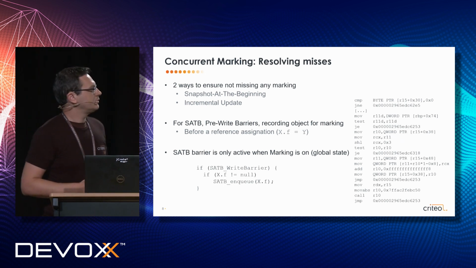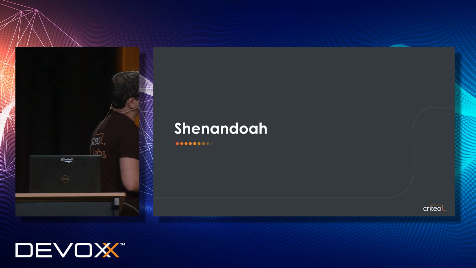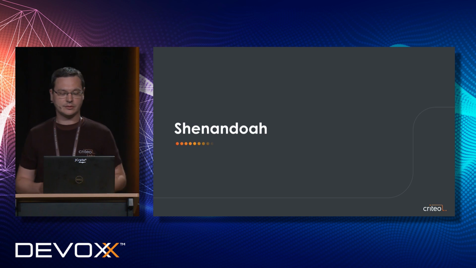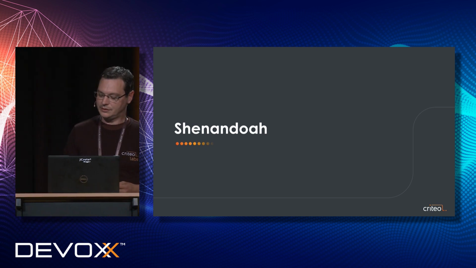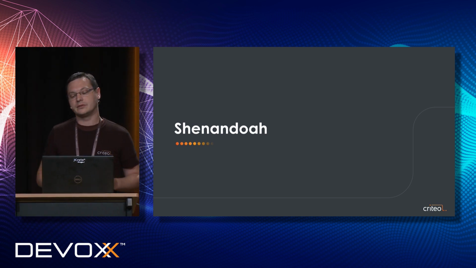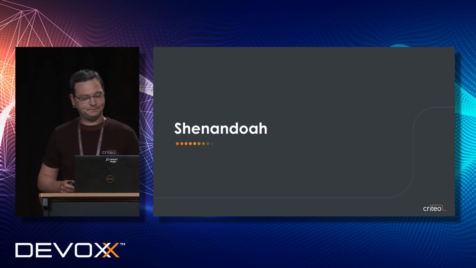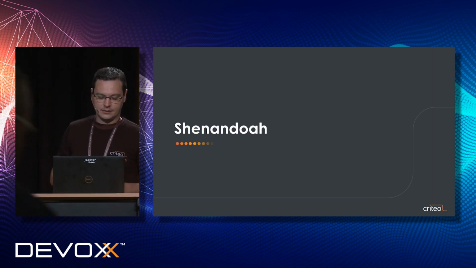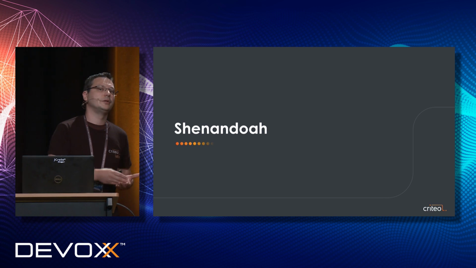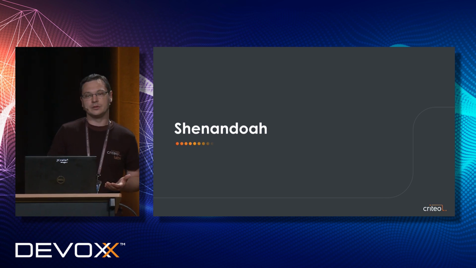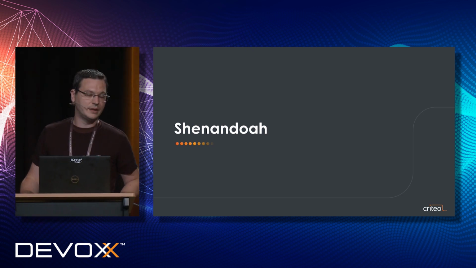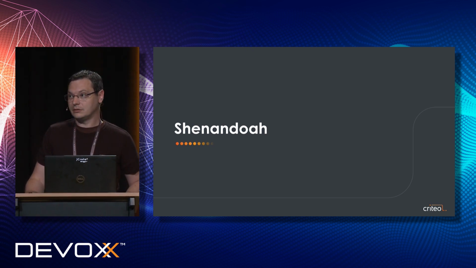Now we will dig into the Shenandoah algorithm. This algorithm was introduced by Red Hat around 2013. It's based on G1, so there is a lot of base code that is common with G1. It's available in the OpenJDK build from Red Hat, but also now in the JDK from 12, but not in the build from Oracle.